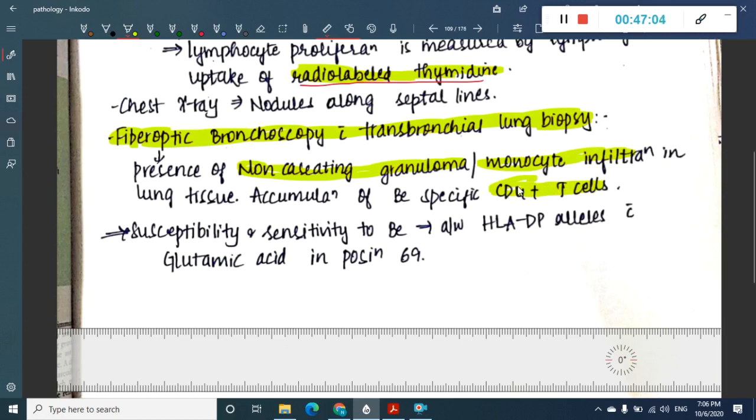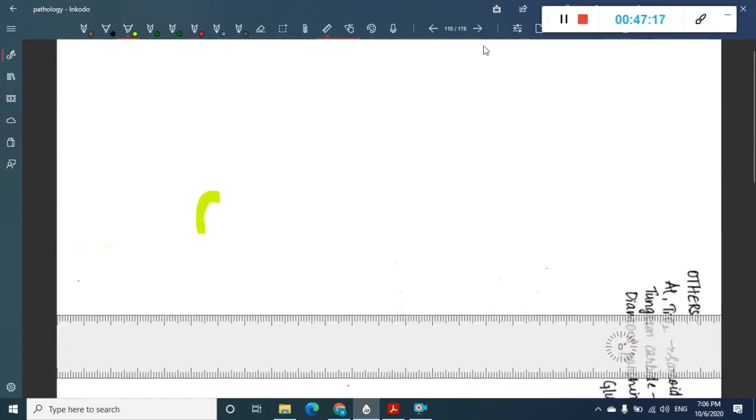Then what is important here, you will see one more thing. It is associated with HLA-DP alleles and also glutamic acid at position 69. Okay, that is about berylliosis.